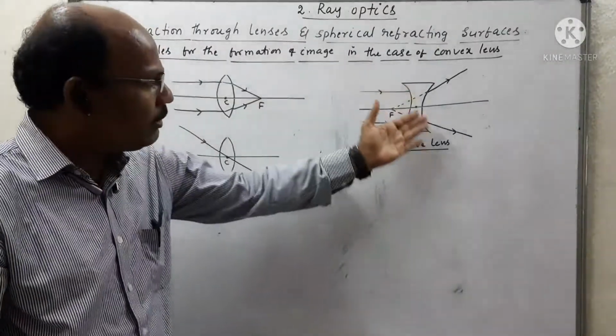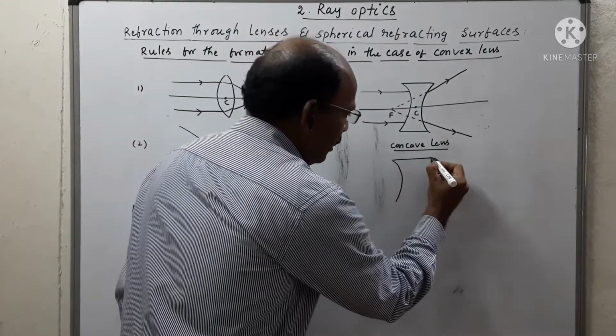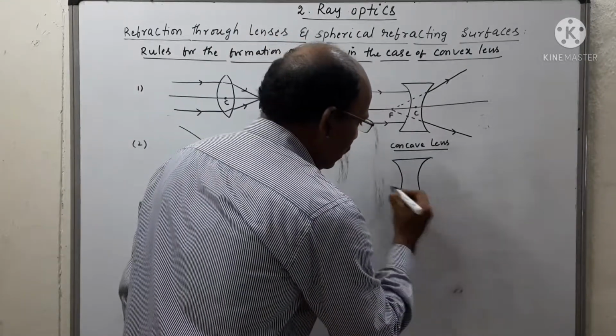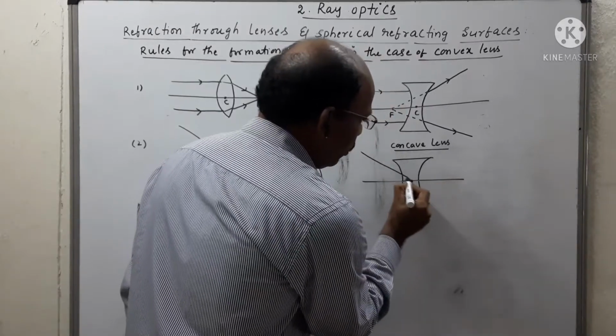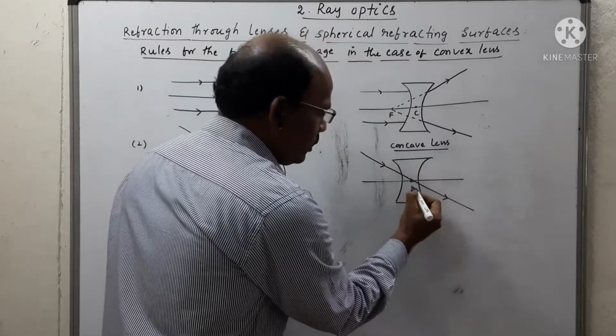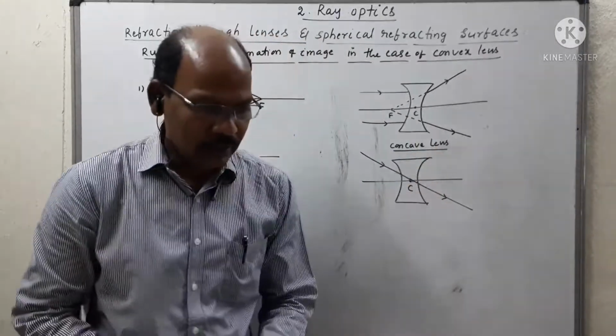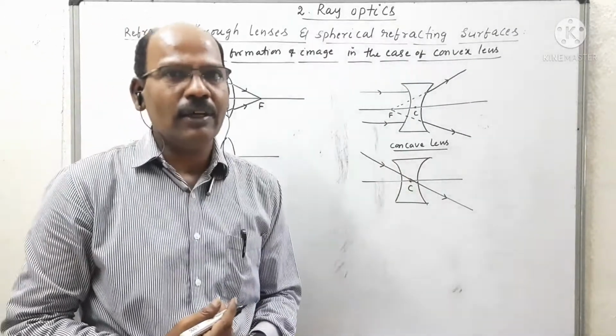Here also we are observing the same phenomenon. That means when a light ray passes through the center of the concave lens, it goes without any deviation like this. So this is the optic center. Right? So this is the second rule.